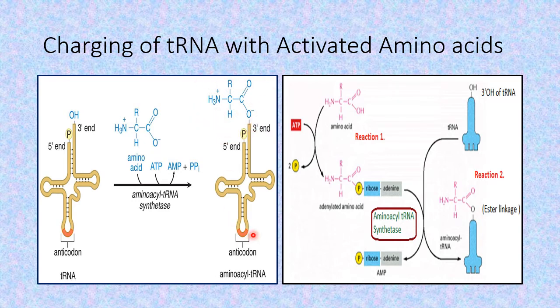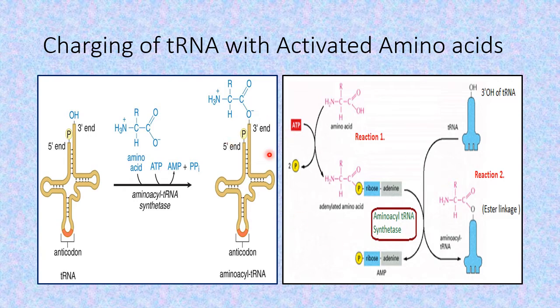So each transfer RNA, according to the anticodon present on it, recruits a particular amino acid, and in this manner all the 20 essential amino acids are carried by this adapter molecule to the messenger RNA where the polypeptide is formed or the protein synthesis takes place.